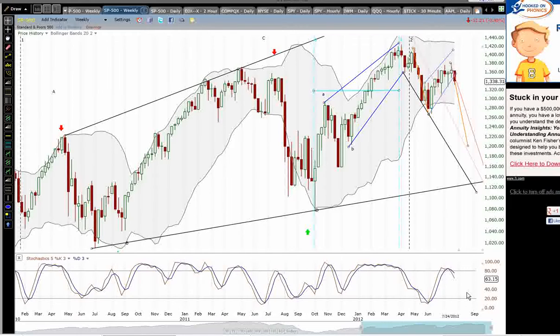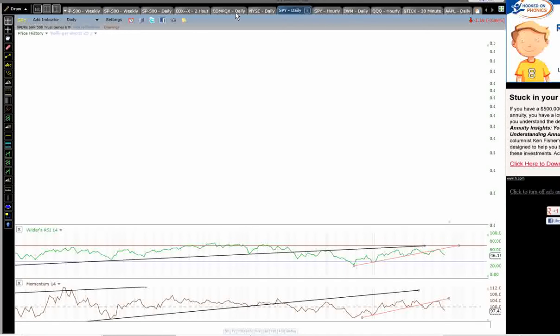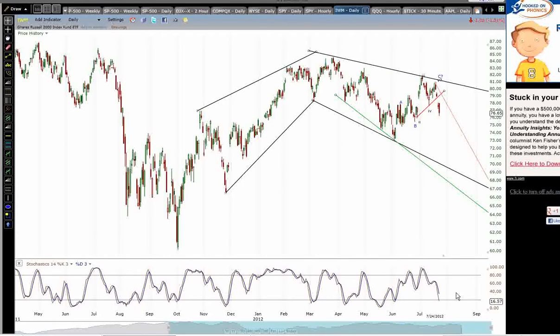If the weekly is below 50 and you then see the daily chart get oversold and turn into a buy signal, then exit the remainder of the position there.